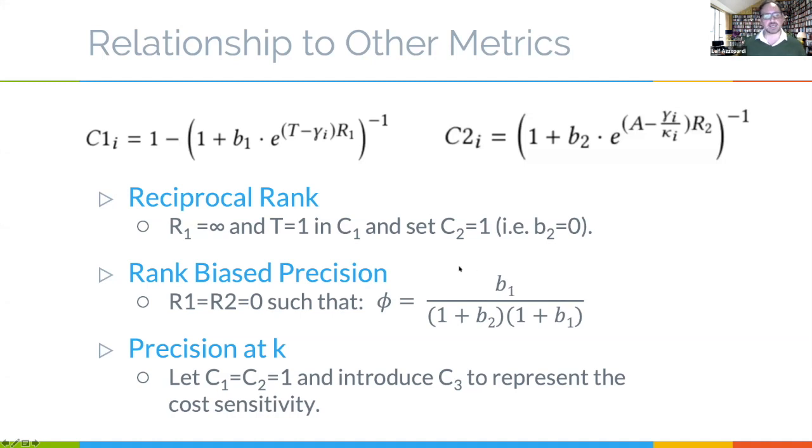So what we can see is that the information foraging metric can be pushed across the space to map out to these other metrics. Now, precision is a little bit different because it is a cost-sensitive approach. So in order to encode precision, we would have to encode another C function, C3, let the first two equal 1, and then use C3 to represent some type of cost sensitivity by using a similar parameterization.